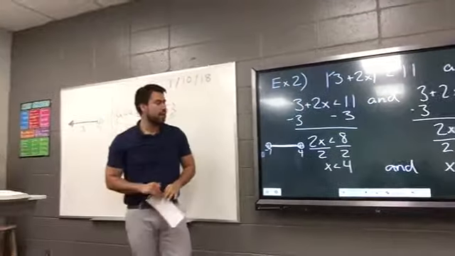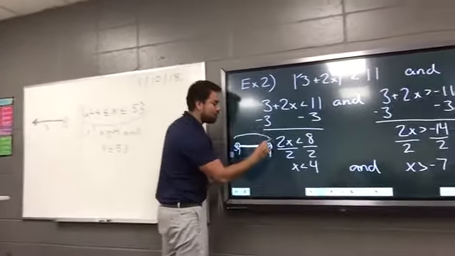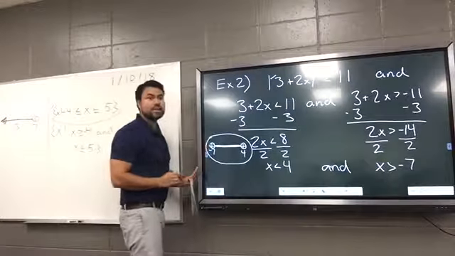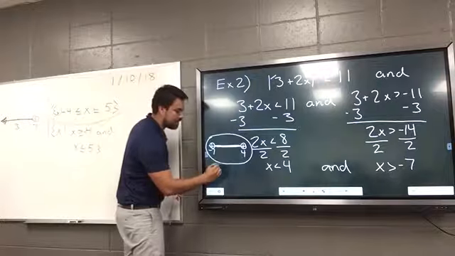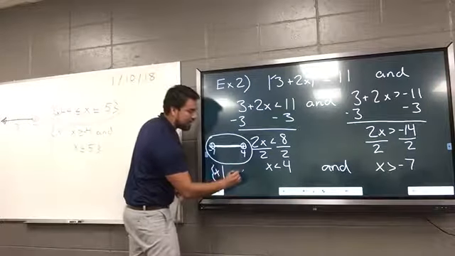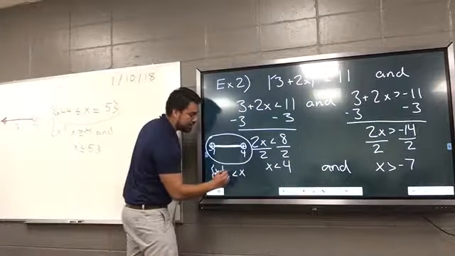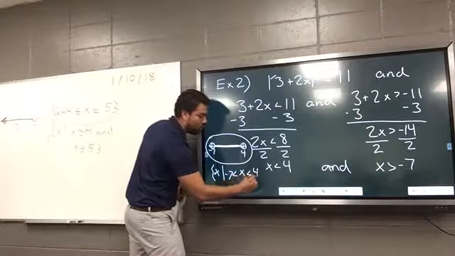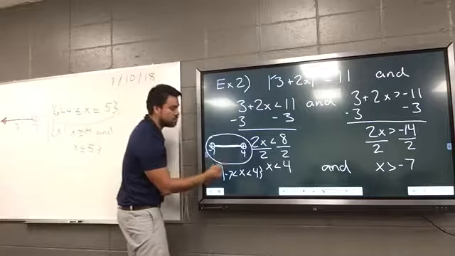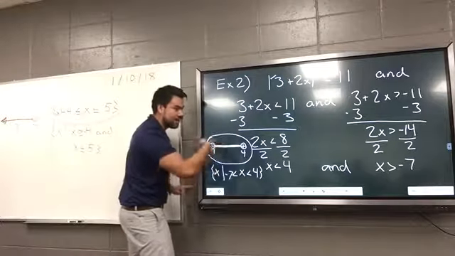It will not. Okay, the reason I drew the graph first, I'm going to circle the graph, is because it's really easy to come up with set builder. Here's set builder. X is any number such that x is greater than negative 7 and less than 4. All I have to do is put the numbers and then put those less than signs.